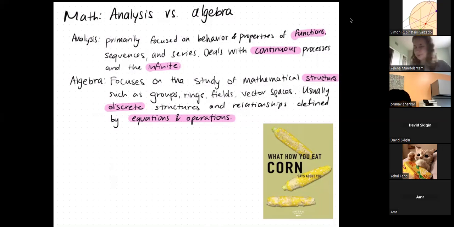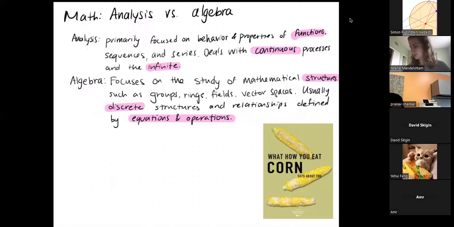But I would like to argue that some of the best, most interesting and most amazing math happens when we're able to make these two things come together, especially when we can use things from algebra to help us figure things out in analysis, or vice versa.